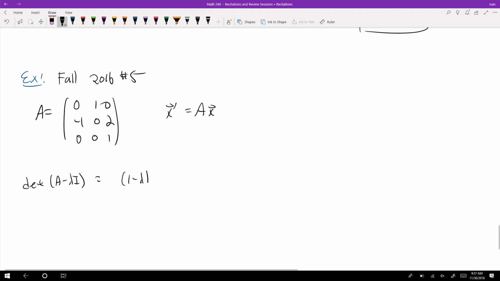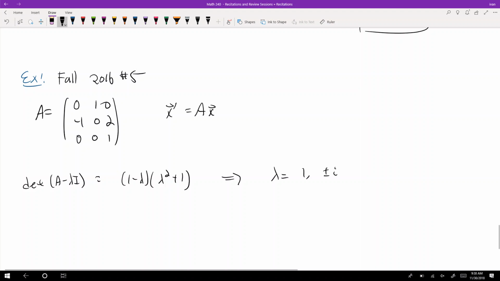I'll just give it to you. It's (1 minus lambda)(lambda squared plus 1). Okay, so that means lambda is equal to 1 and plus or minus i.